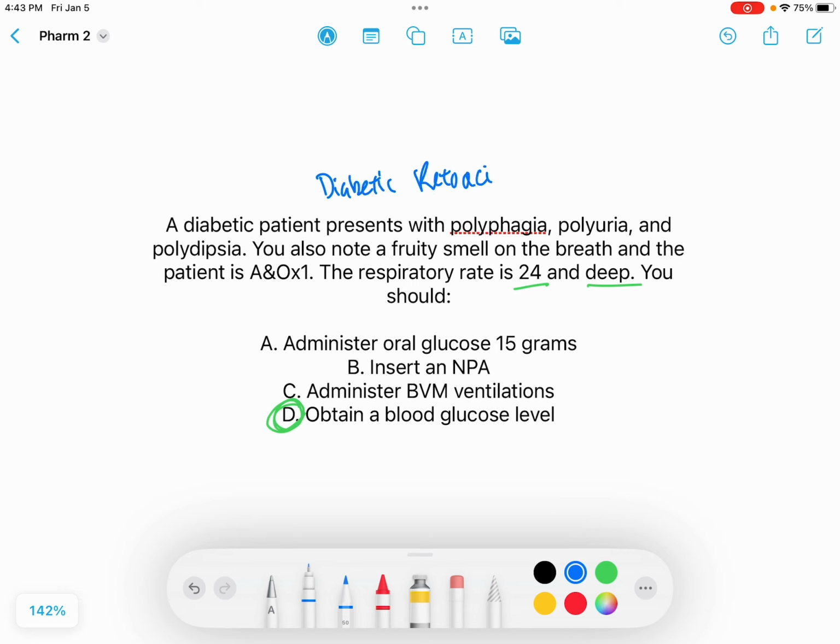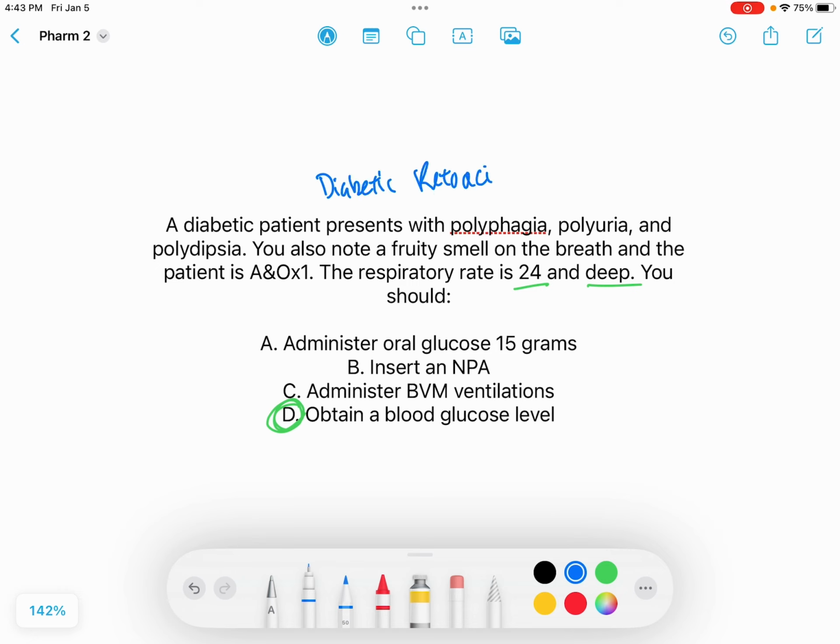Their blood is literally acidic due to the buildup of ketones, which is a byproduct of shifting away from glycolysis into ketosis from the breakdown of fats and proteins. But anyways, more importantly, we have someone who's adequately breathing, so we don't need to do a BVM. They're A&O times 1, meaning that they're alert, more or less.